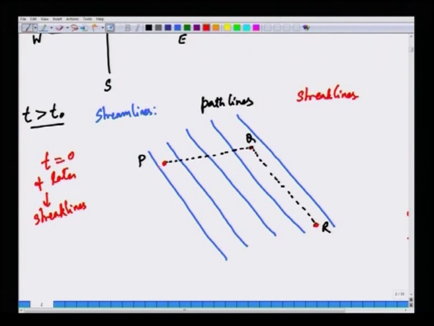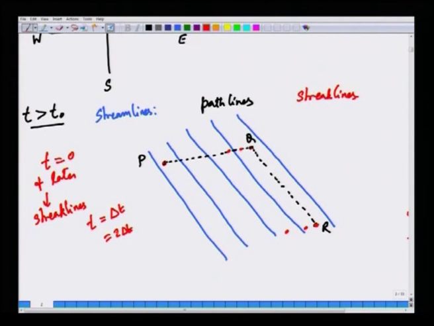A particle that was introduced later, let us say at t equals delta t, would start from P, but it will not reach up to Q, because by the time it reaches here, the wind would have changed its direction. So, from here this particle would move and it would reach here. A particle that was introduced at some 2 delta t would go from P to some point here, and then it would reach here.